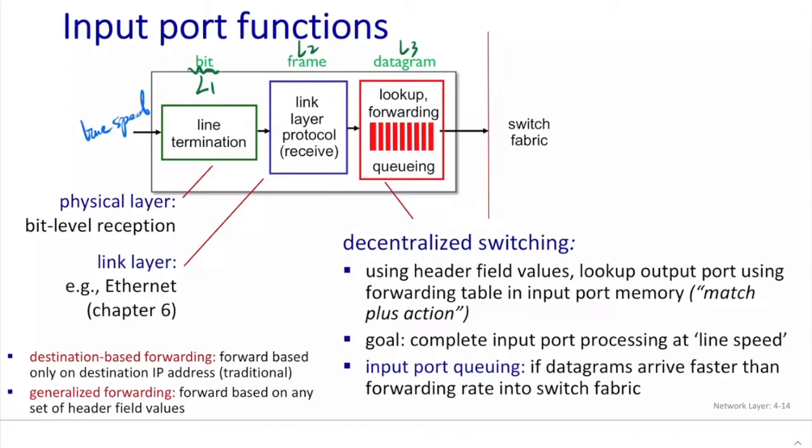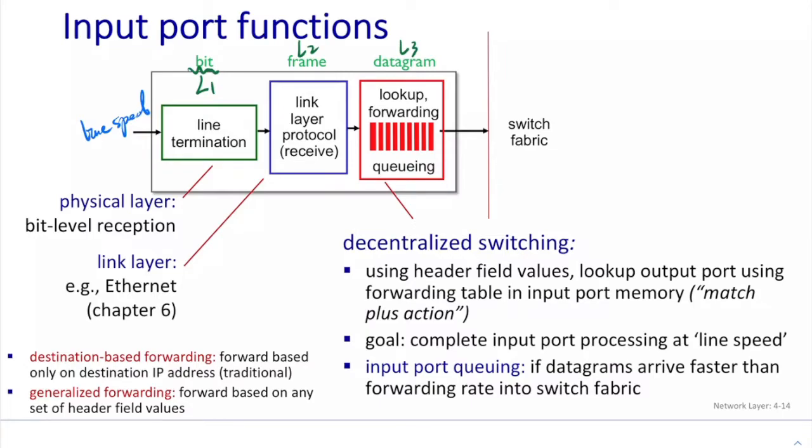When we do such switching, as I mentioned, we usually use the destination IP address. But take a look at the left hand side. Destination-based forwarding: the forwarding is based on the destination IP address only. That is the traditional way, and most routers do forwarding based on the destination address.